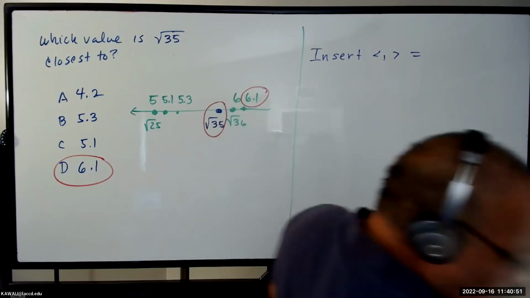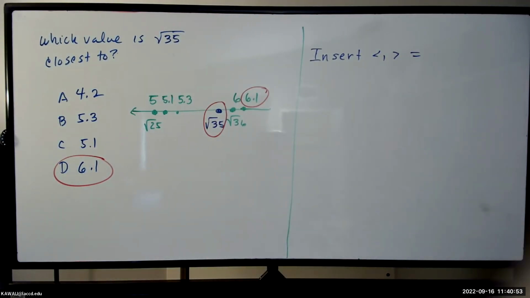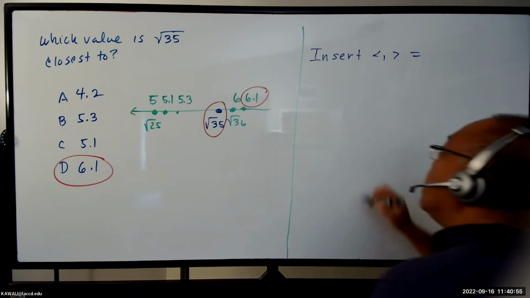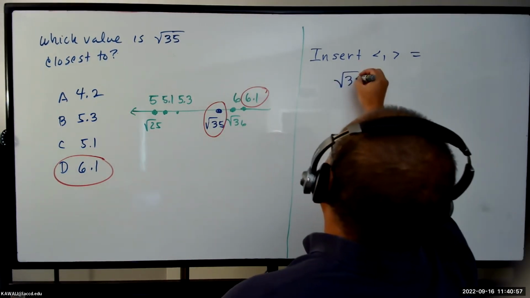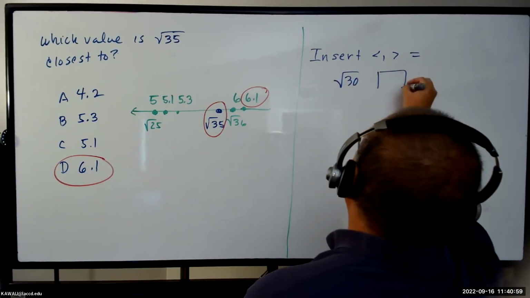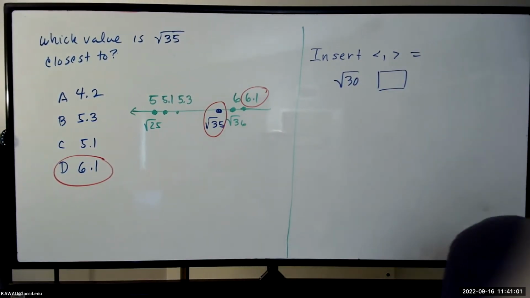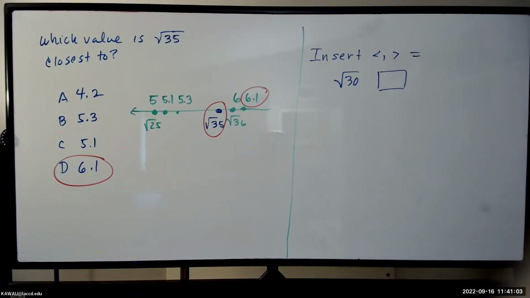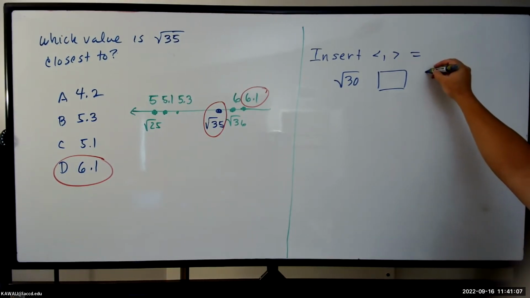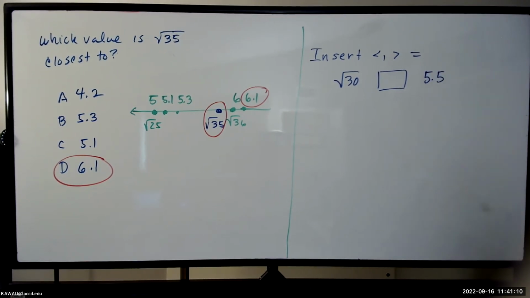I'm going to say square root of 30. Okay. And then this is 5.5. Now these numbers are really close.